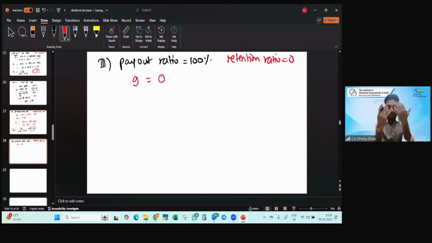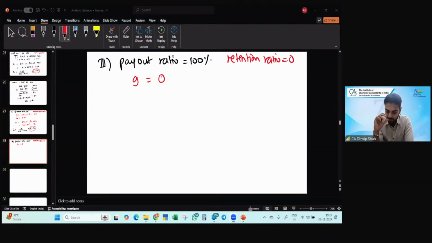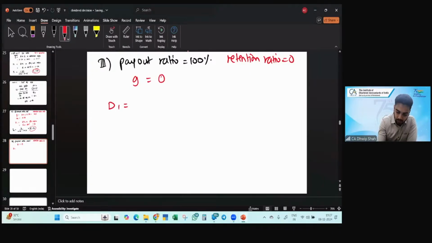If you retain something, you will reinvest and you will grow. This is how the retention ratio is directly related. Yes, Srini is correct, but let's first calculate at all the payout ratios and then confirm so that everyone understands.